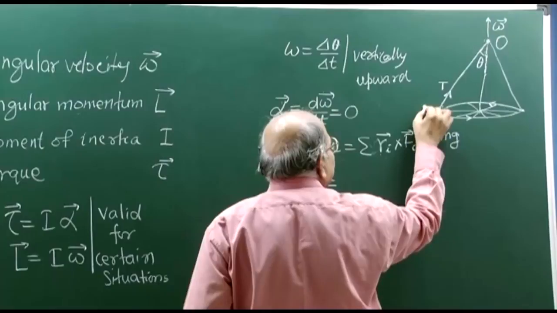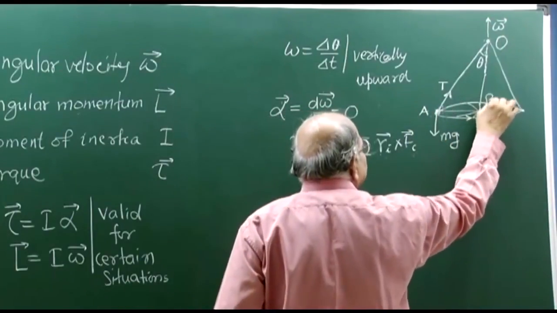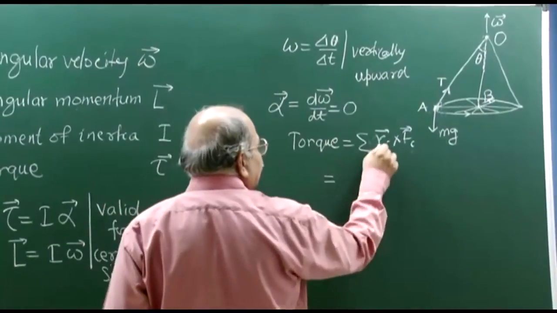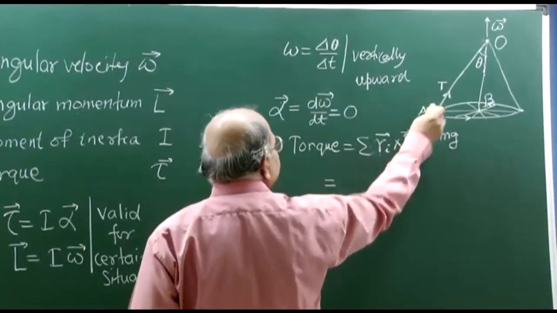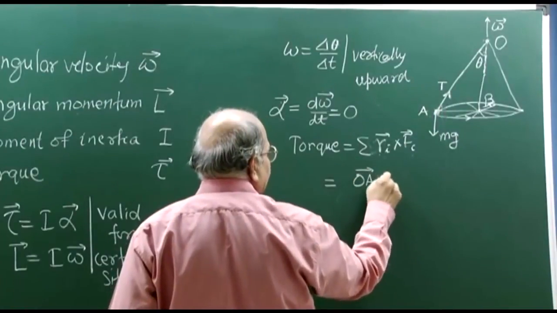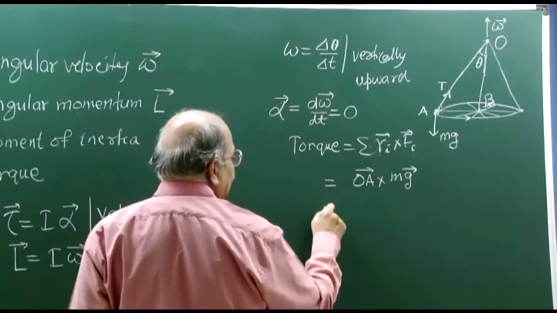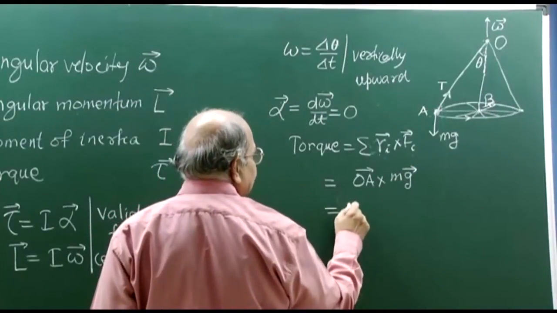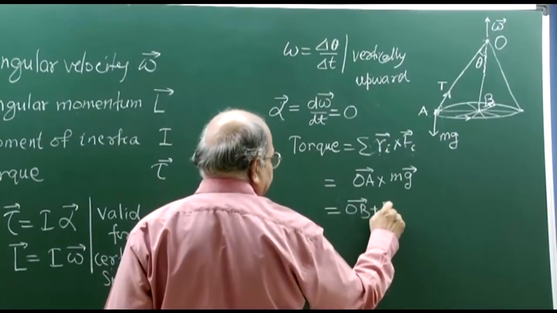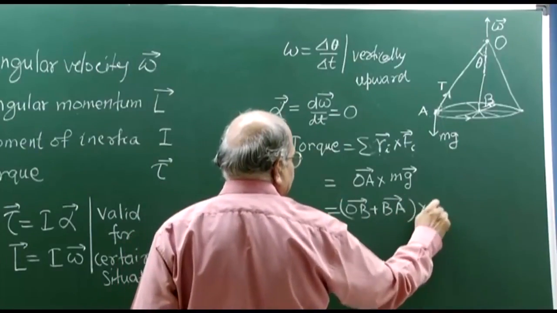Let me call this point A and this center of the circle B. So, Ri for this point is OA vector cross mg vector, and this OA you can write as OB plus BA, cross mg.